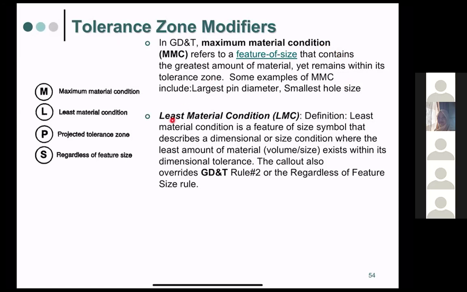The least material condition, with the L over there, is actually the converse of that one, which is the least amount of material existing within the dimensional tolerance. For example, the smallest pin diameter or the largest hole size. The callout also overrides GD&T rule number 2, which is the regardless of feature size rule.